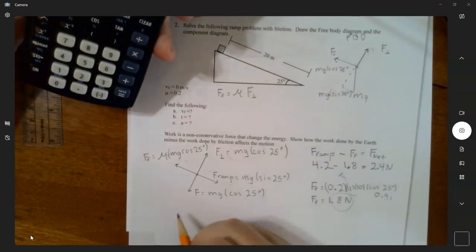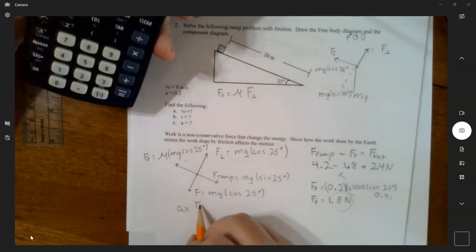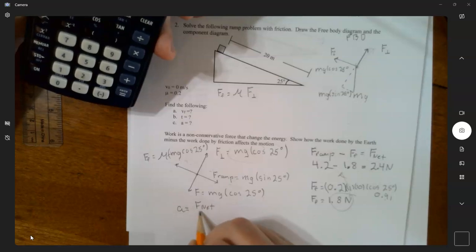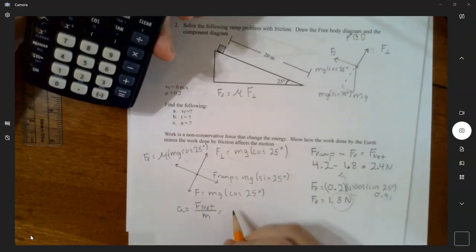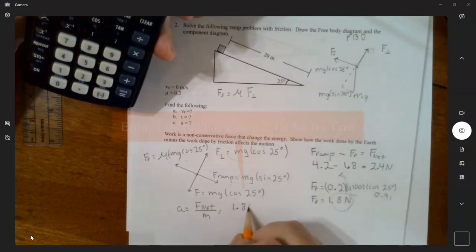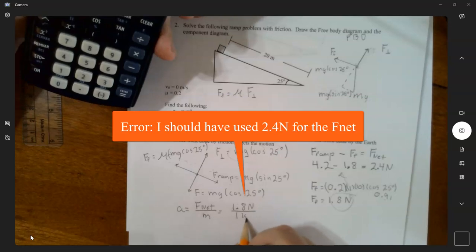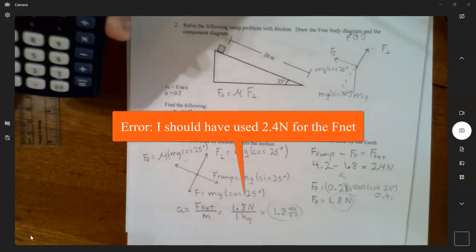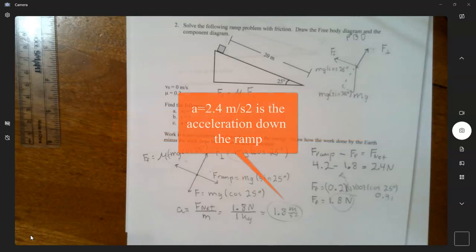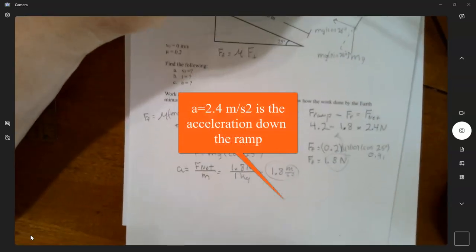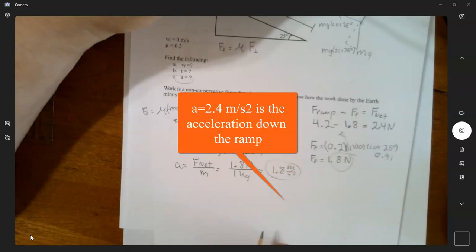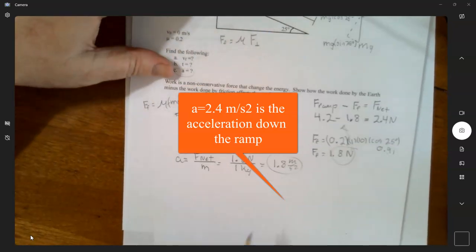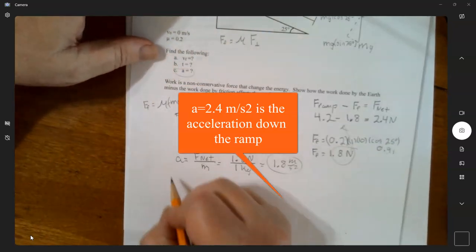Okay. So now we have acceleration equals F net over mass, which is 1. So that's 2.4 meters per second squared is the acceleration down the ramp. That gives us a. Okay, Vf. Going to use the same formula we used before. So this is for a, for Vf.